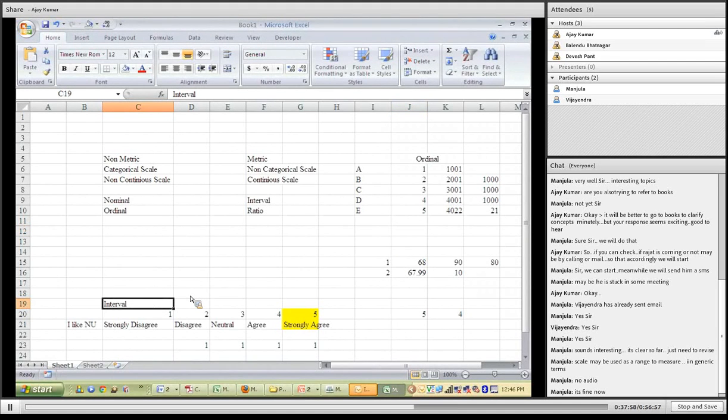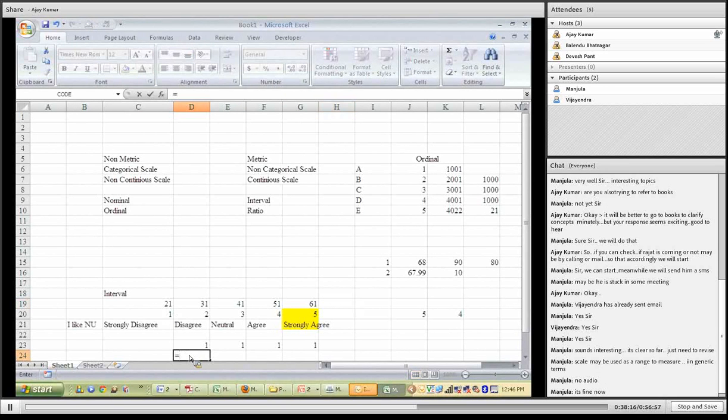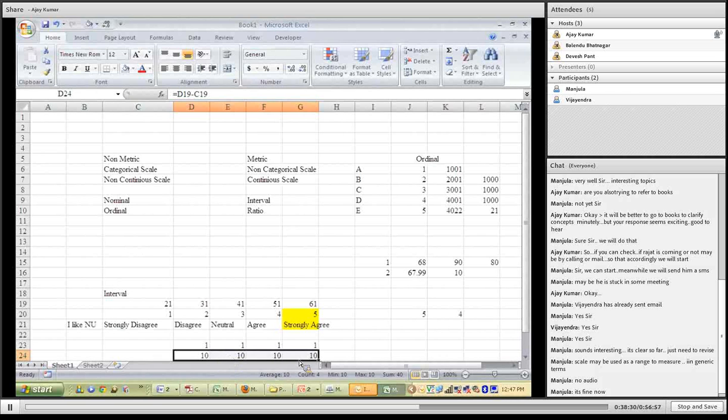So 1, 2, 3, 4, 5, the only difference being that this difference has to be similar. The same way as in the above example, if I shift it upward, if this 1 would have been 21, now let's make it 31, 41, 51, 61. If I do this, in all the difference is 10 only.